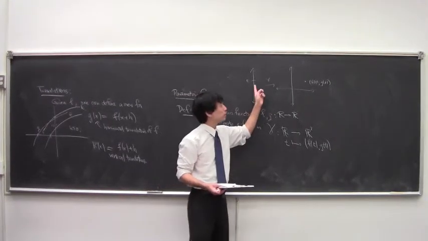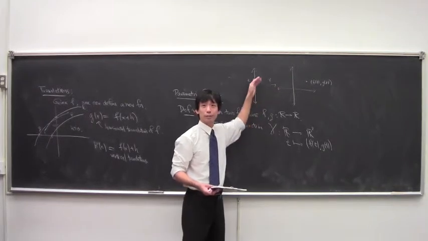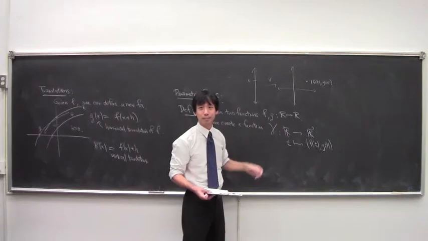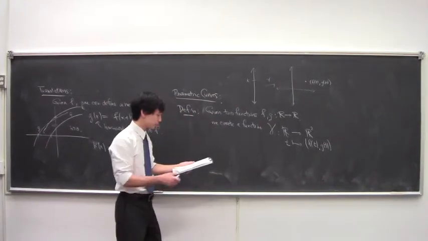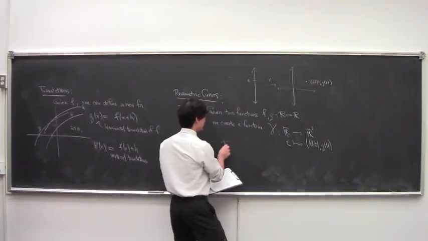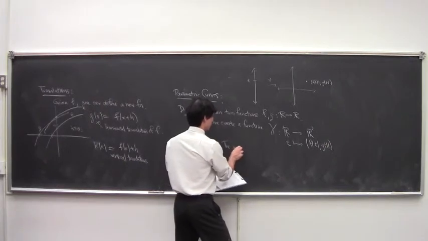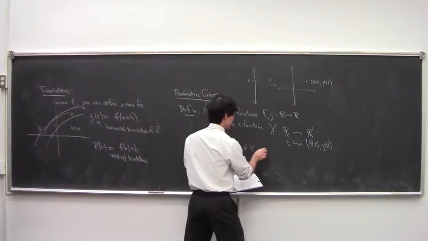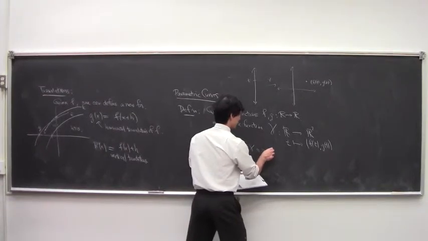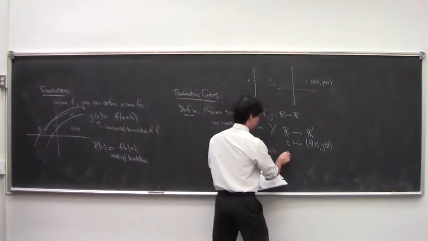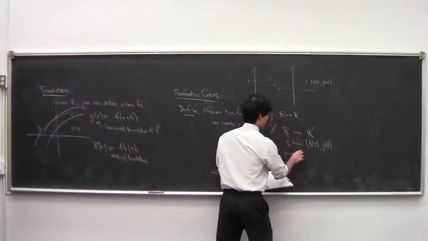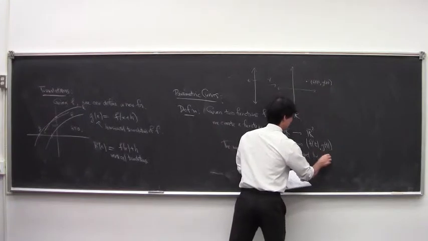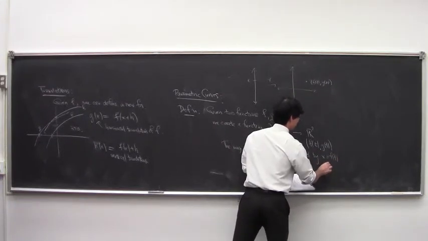So you can think of it as something that describes a curve, or you can think of it as a point that's walking around in time. So the image of gamma, that curve that's generated, is said to be parameterized by x equals f of t, y equals g of t.